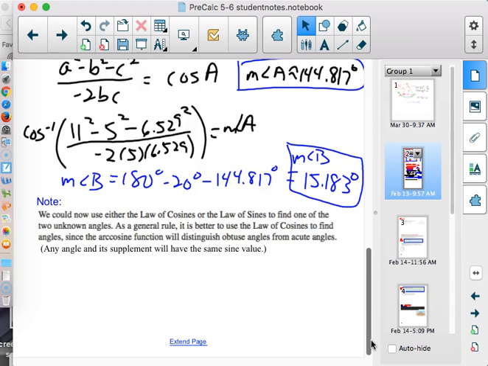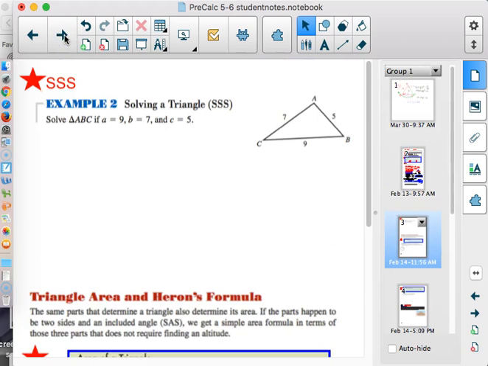All right, next page. We have another solving a triangle. And this one is in side, side, side. So what are we really trying to find here? Angles, all 3 angles.